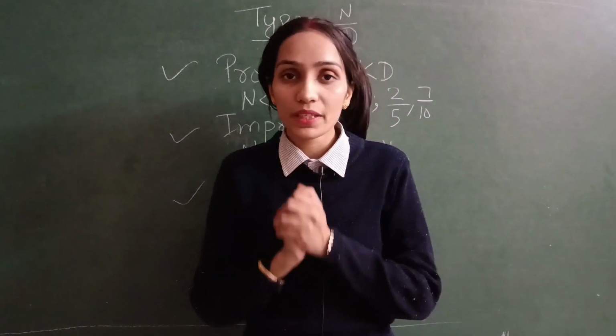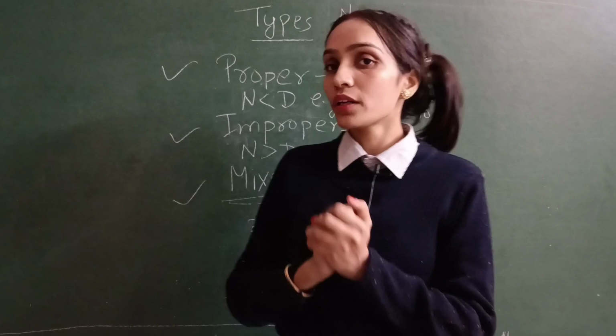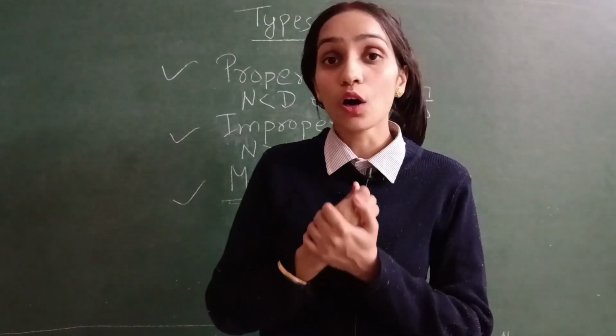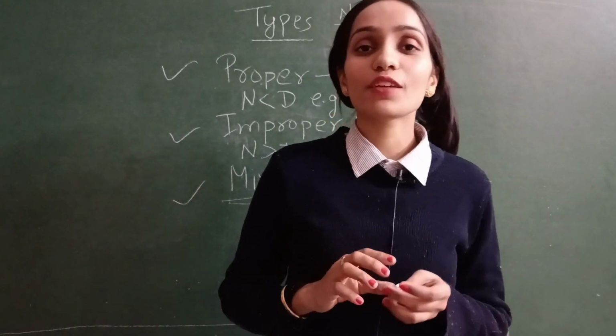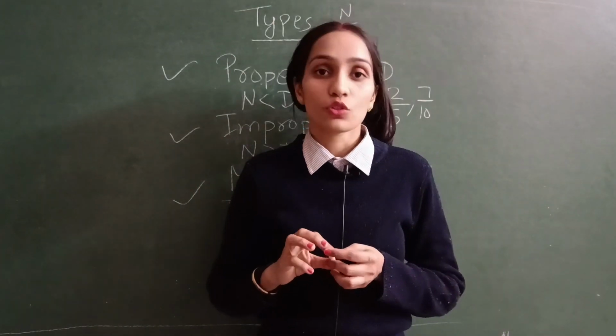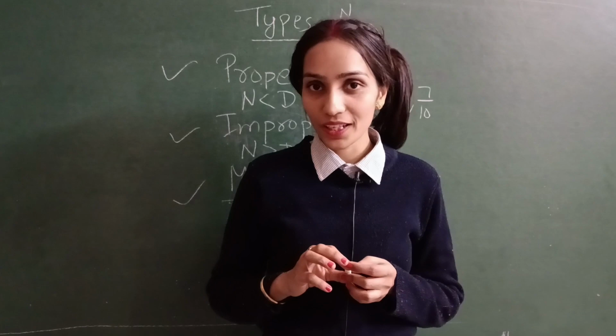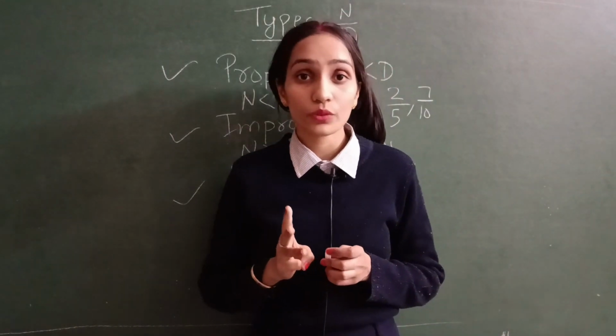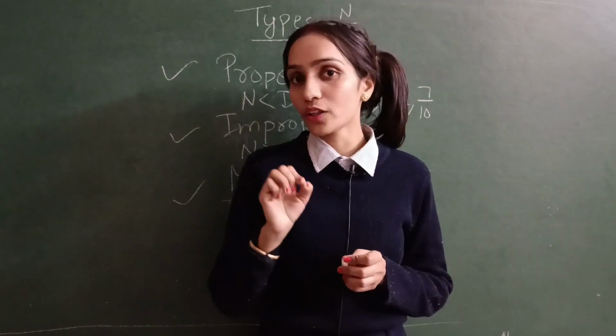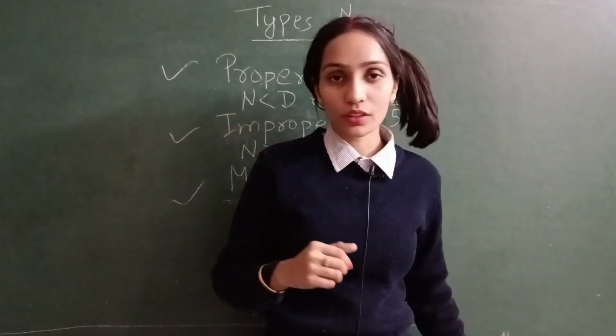I hope this is a basic lecture to make you understand what is fraction, why do we need it, how we represent the fraction, how we classify the types of the fraction. Let me just give you one activity regarding fraction so that you can practice at your home, right? So I'm just giving you three fractions. You just have to take three diagrams and shade according to the given fraction, right? So just look at it on the board.